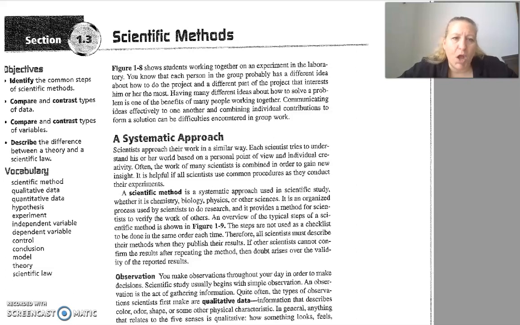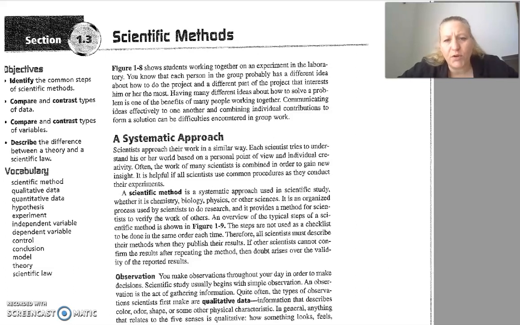Scientific method, qualitative data, quantitative data, hypothesis, experiment, independent variable, dependent variable, control, conclusion, model, theory, scientific law.